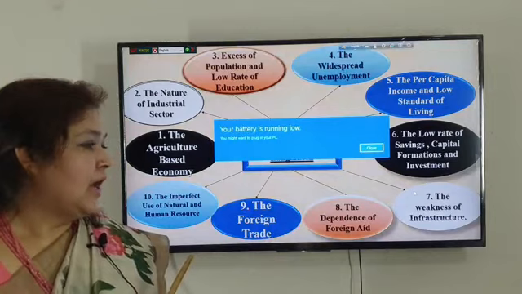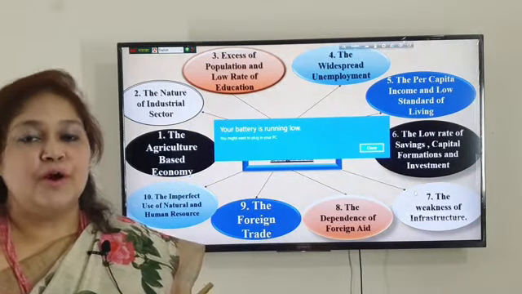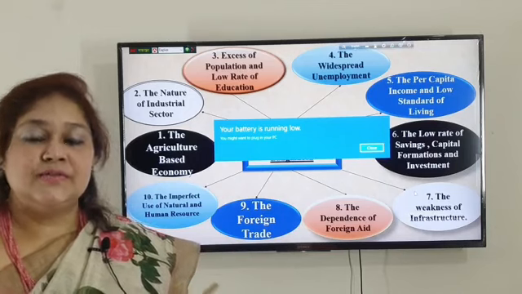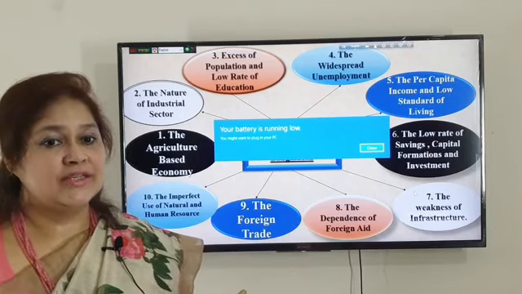So our government always takes financial support from different developed countries and international financial organizations.